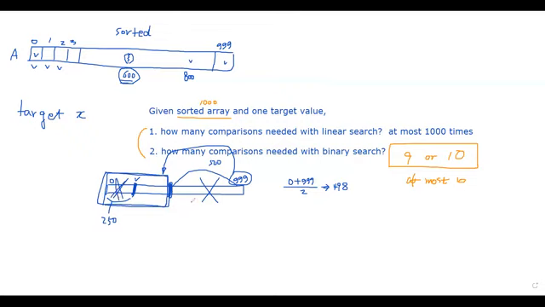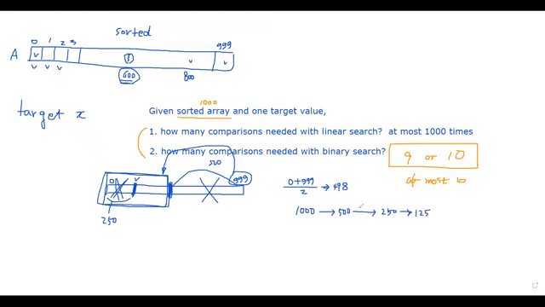At first we need to consider 1,000 data. After one comparison, we can ignore 500, so 500 will remain. After the next comparison, we will ignore 250 data. And after this comparison, we ignore half again, so after 250, we check 125 data.